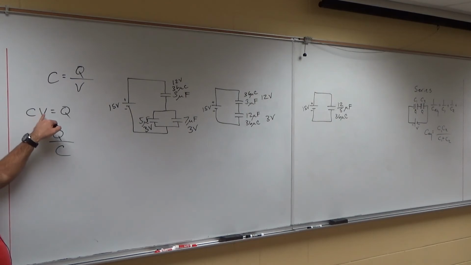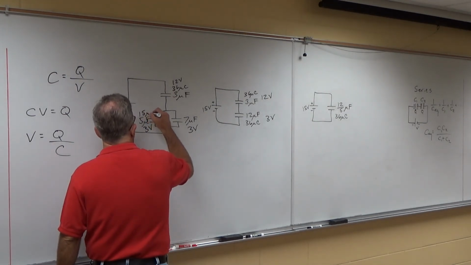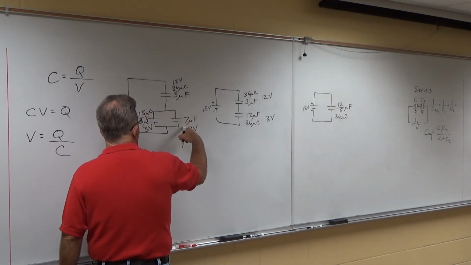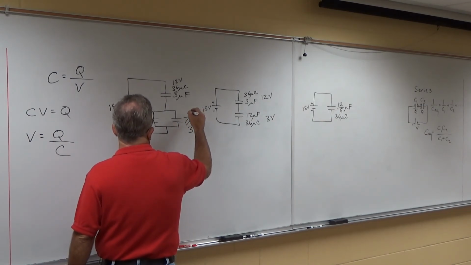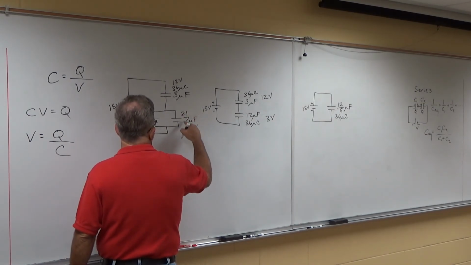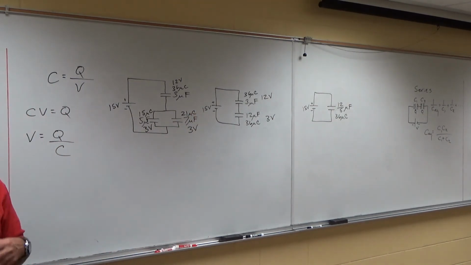Charge is equal to capacitance times voltage. This has 15 microcoulombs. Whatever's left over, this is what, 21? 3 times 7, 21 microcoulombs. That's it. We know all the charge and all the voltage on each cap.